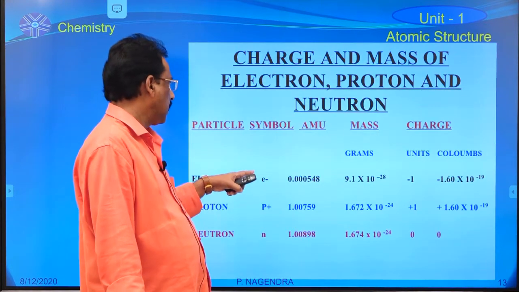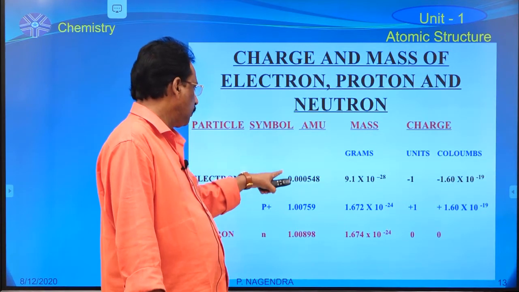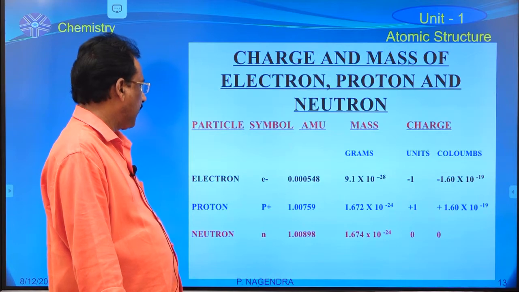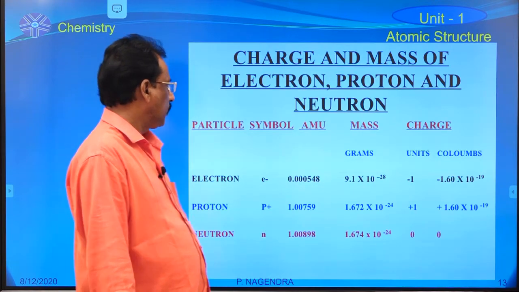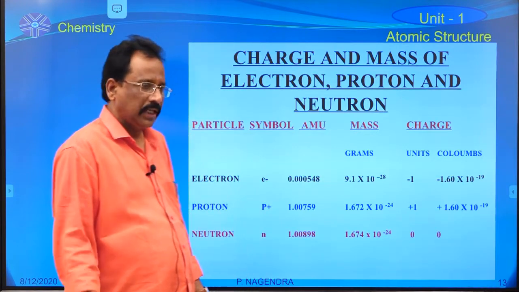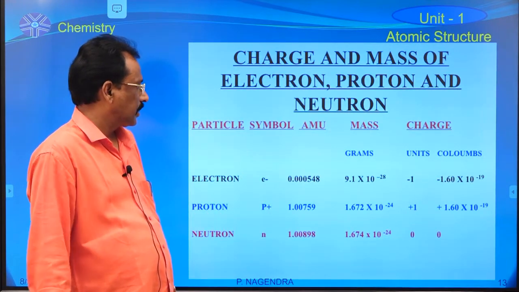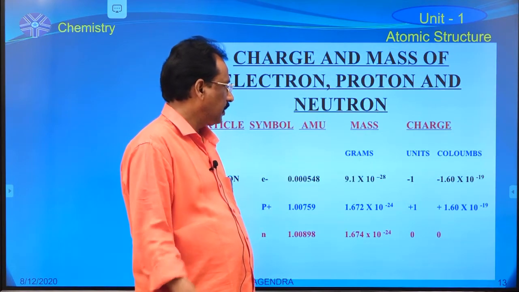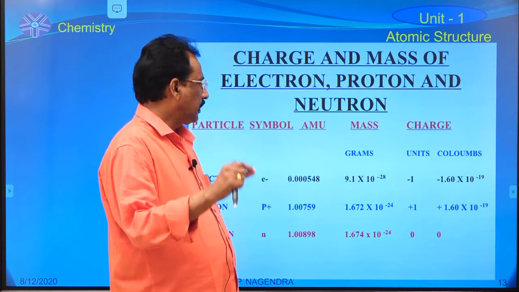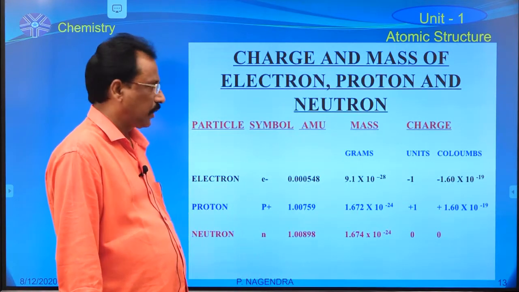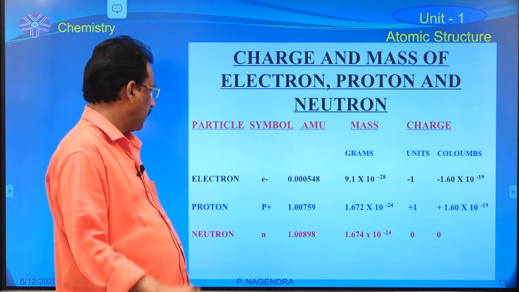For the electron, the mass in AMU is 0.00054886 AMU. Its mass in grams is 9.10 into 10 power minus 28 grams, and the simple representation of the charge is -1 in the form of unit. In terms of coulombs, its value is -1.602 into 10 power minus 19 coulombs.